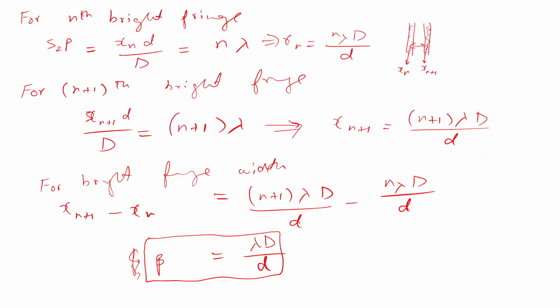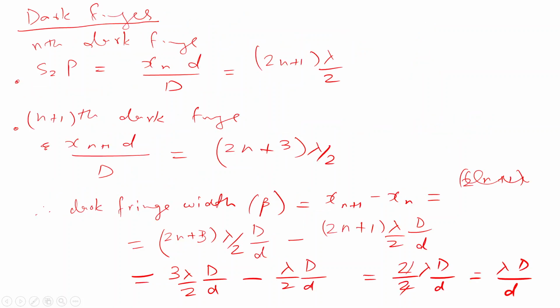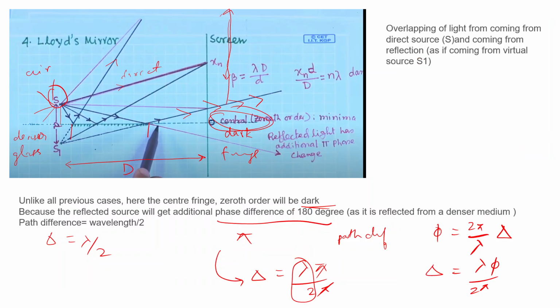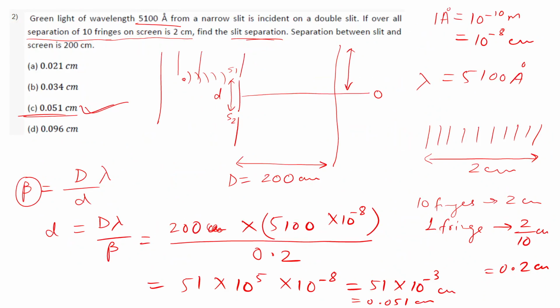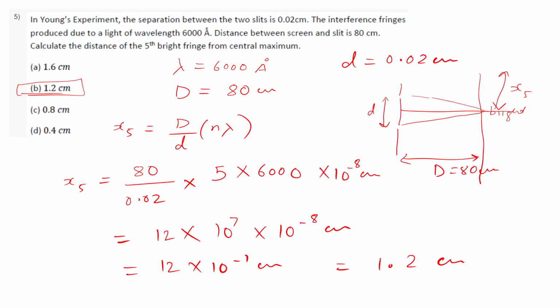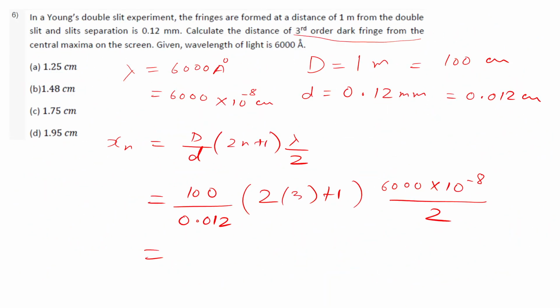And depending on the fringe that we are using, if we are talking about bright fringe, then the path difference is an integral multiple of lambda, and if we are talking about dark fringe, then it's an odd multiple of lambda by 2. Using these properties, we are using all this formula, just to recall for you. So that is what we are using here.